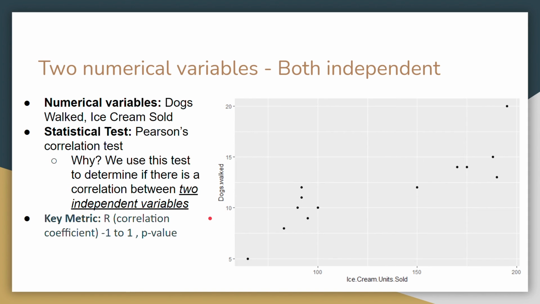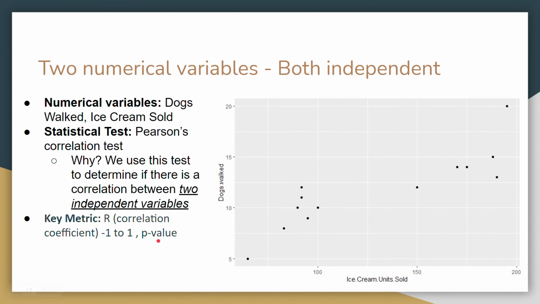And 0, directly in the middle, would indicate no correlation whatsoever. If there was no correlation whatsoever, you would have points all throughout. You wouldn't be able to have a trend line. The trend line would be horizontal, and there would be no indication of a correlation between both of these variables.